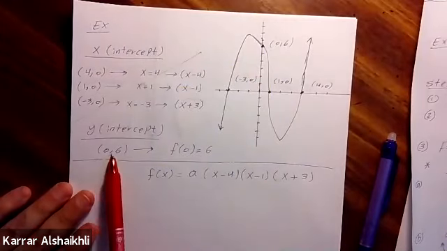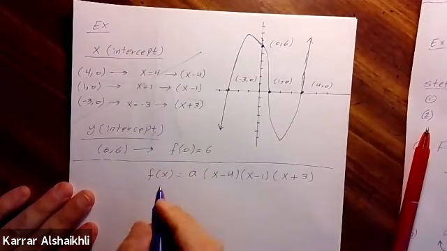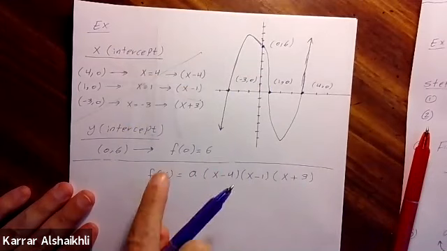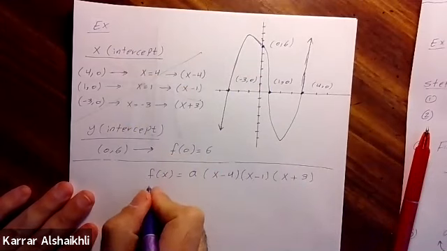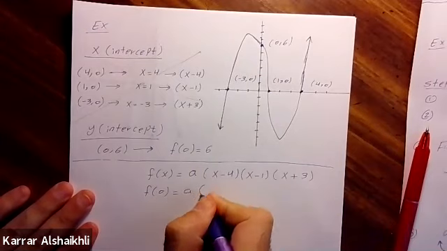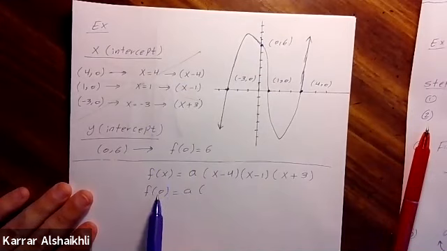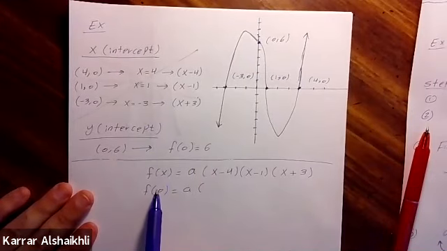Now I'm going to use the y-intercept here. It says f(x) equals this part. Now f(0) equals a times... You see, x is 0. That means I'm going to plug in 0 for each x.